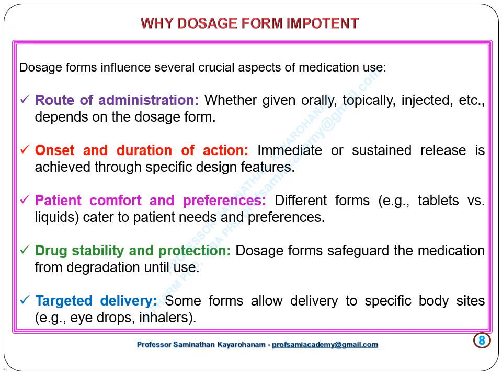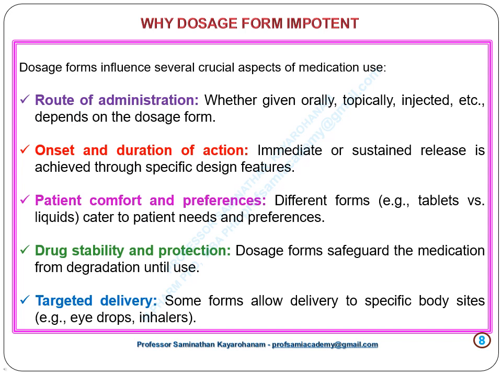Why is dosage form important? Dosage forms influence several crucial aspects of medication use: route of administration, whether given orally, topically, injected, etc., depends on the dosage form. Onset and duration of action. Immediate or sustained release is achieved through specific design features. Patient comfort and preferences.